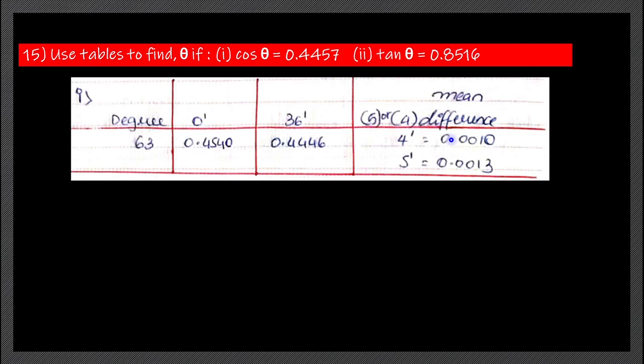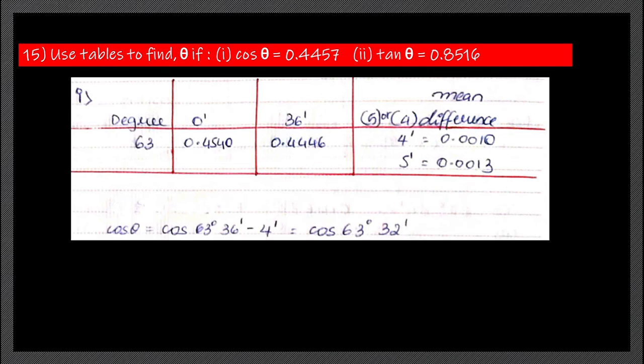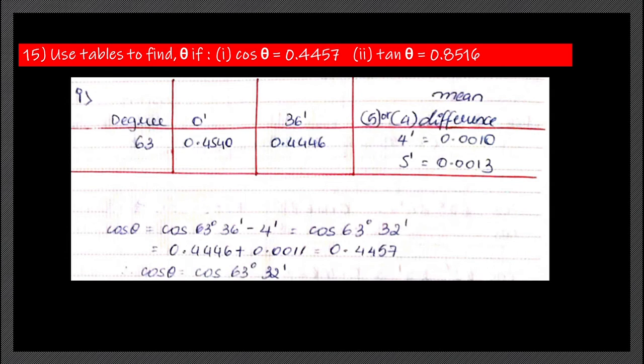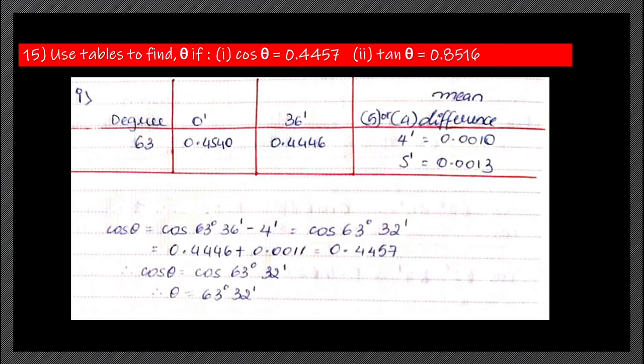So we will take it as 0.0011 only, instead of 10, for our convenience. You can see over here I have subtracted 4 minutes in order to add over here. So when you decrease the angle, the value increases for cos. Therefore, theta is 63 degrees 32 minutes. You can see over here I have written this for this question.